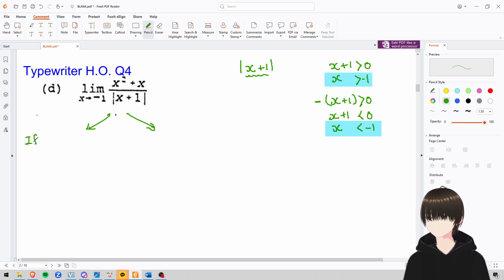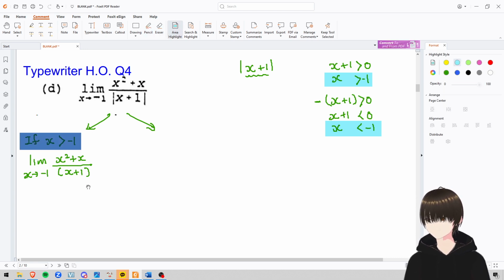If x happens to be greater than negative 1, we would test the limit as x approaches negative 1, x squared plus x over just x plus 1. You change the absolute value into a fixed expression.